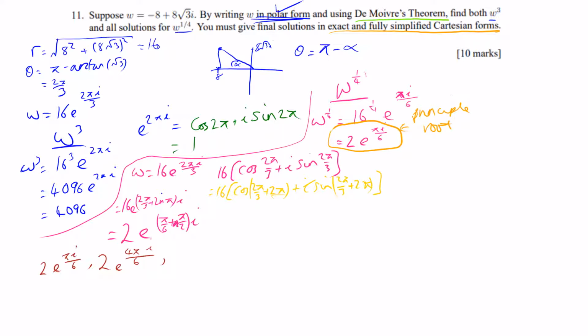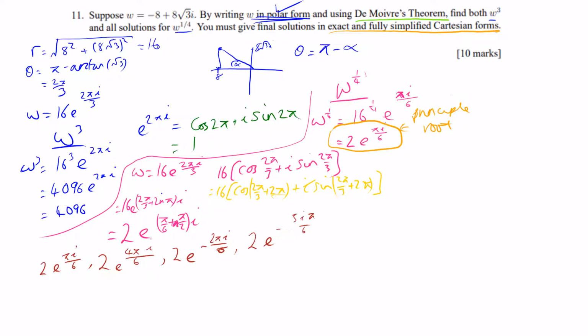We can have n equal to negative 1, which would give us 2e to the negative 2 pi i by 6, and n equals negative 2, which would give us 2e to the negative 5 i pi by 6.